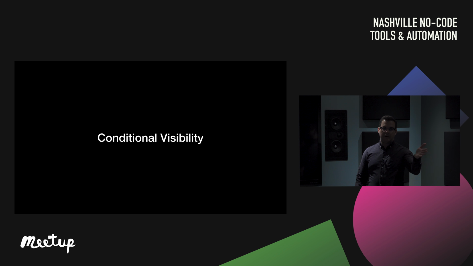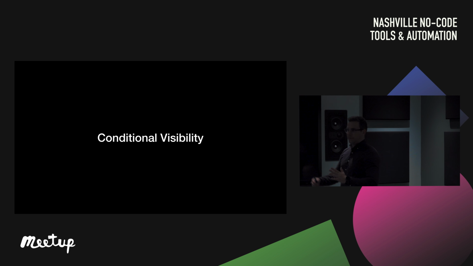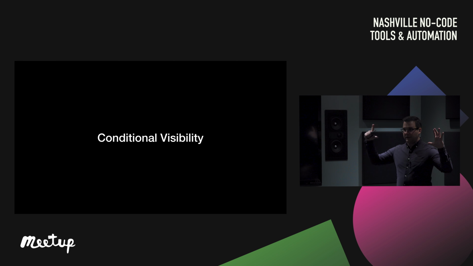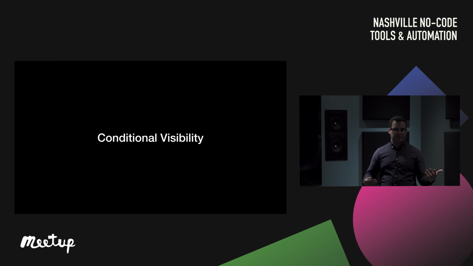Like, we've got blog posts and everything's text, but this blog post is about a video. So what do you do there? You make a video section, and then you say, if video link provided, then show video section, and hide text section. So you can start doing alterations on your design based on the information that's provided.